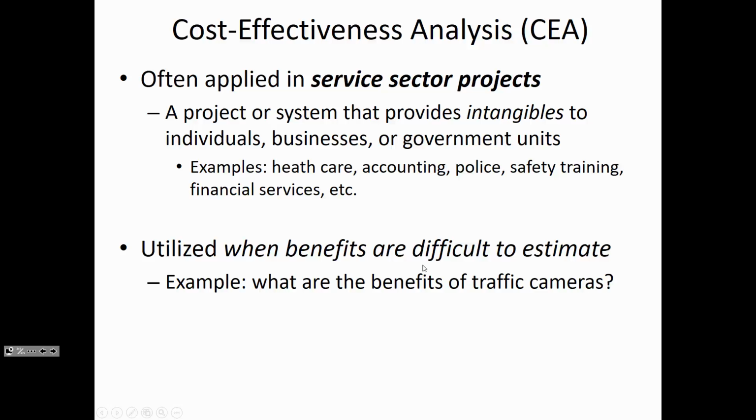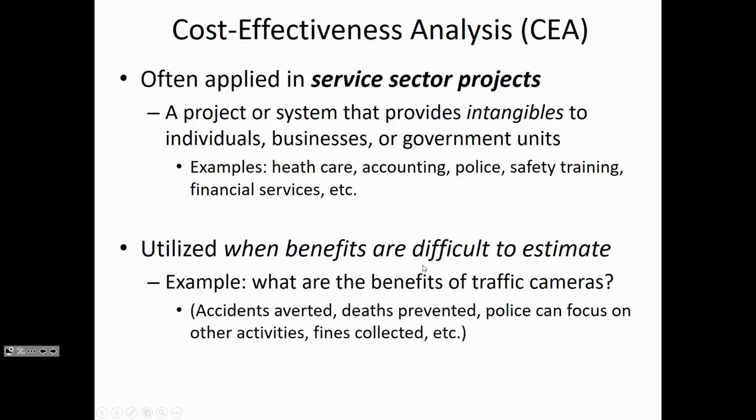That's part of the reason why we wouldn't use B2C analysis: how do you know the dollar value of traffic cameras? We can use the cameras at an intersection for potentially giving people tickets who run a red light, or we can use them just to try and predict where traffic flows are congested and have people avoid congested intersections, so rerouting. But assigning a dollar value to that is kind of a tricky thing.